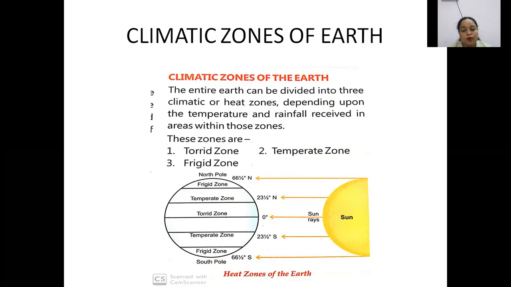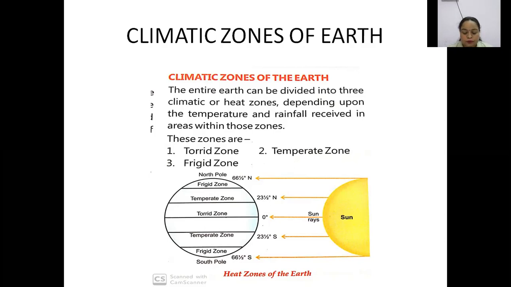And when we move from 23.5 degrees south to 66.5 degrees south, it is also the temperate zone. It experiences a moderate temperature. What is a moderate temperature? Moderate temperature means not so hot and not so cold.